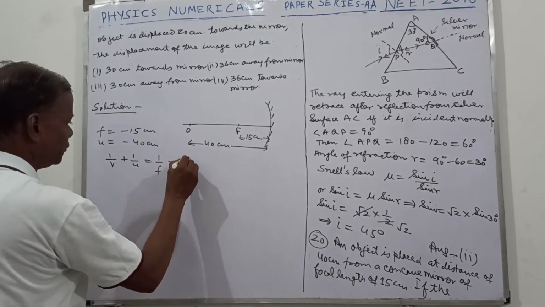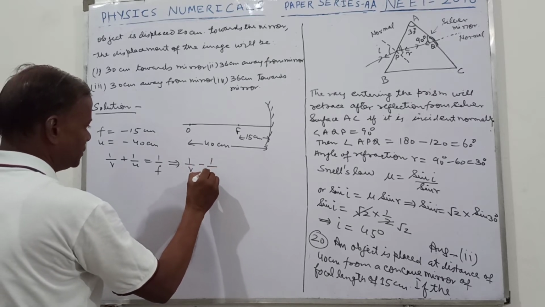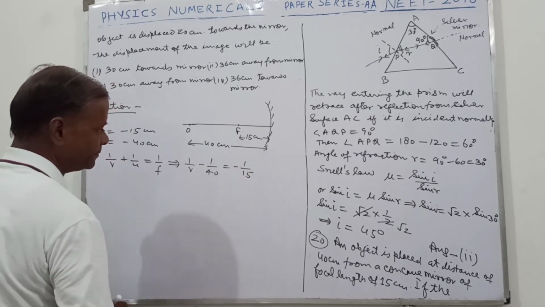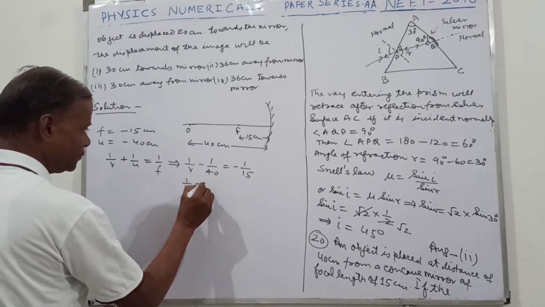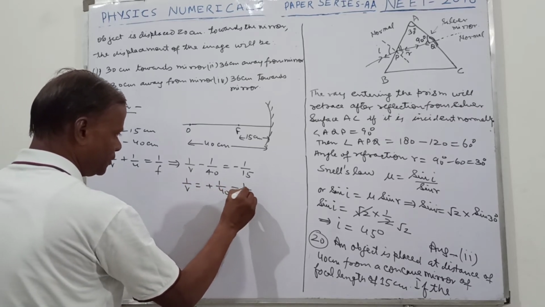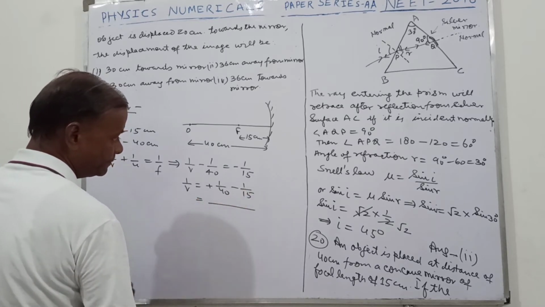Then this 1 upon v we have to find, is 1 upon f minus 1 upon u. This is now 1 upon minus 15 minus 1 upon minus 40. So from here we will have 1 upon v equal to, this is now plus 1 upon 40 minus 1 upon 15. So you can take the LCM.